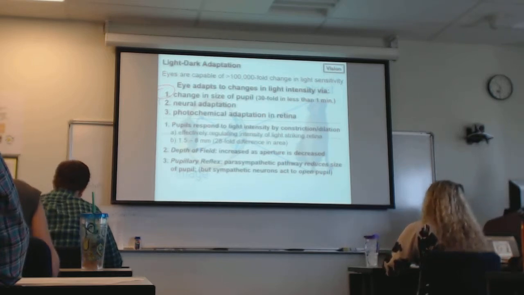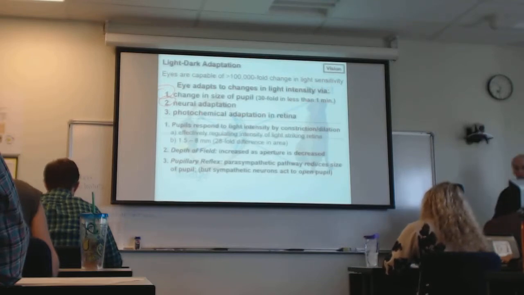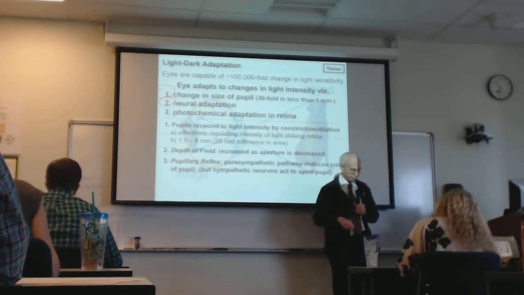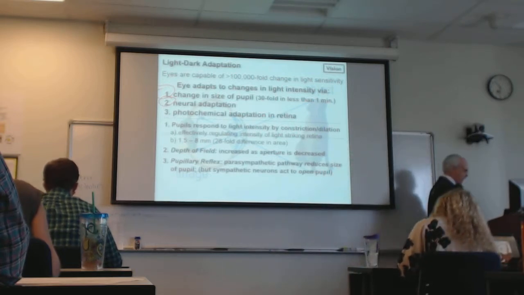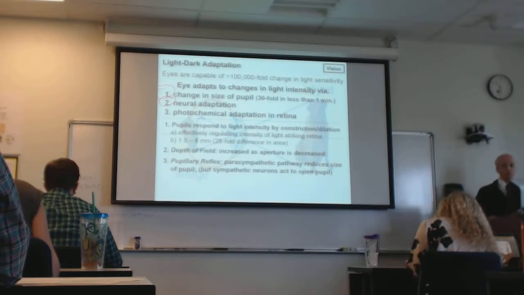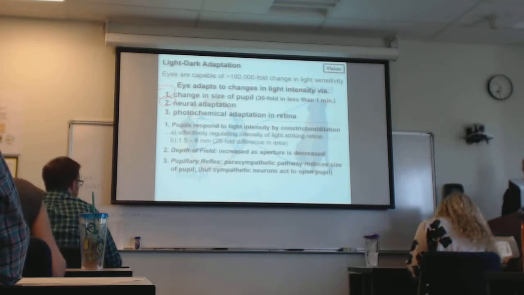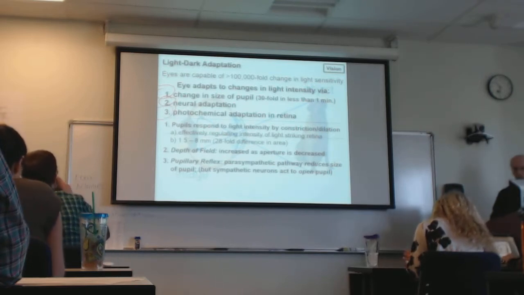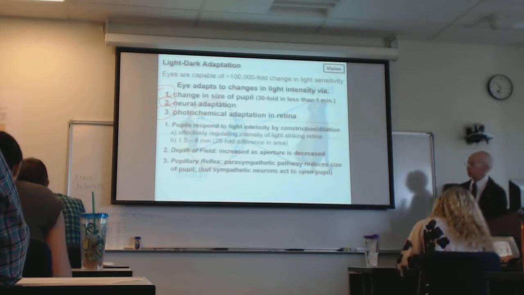There is a neural component to photoadaptation we don't fully understand, but basically there are efferent signals that enable the brain to deal with persistent changes in the intensity of light. For example, when you live in a cave on a regular basis, and if you think about it, to a large extent we do, as opposed to our ancestors. And then we've talked about the photochemical adaptation. This refers to the retinal and the bleaching and so on.